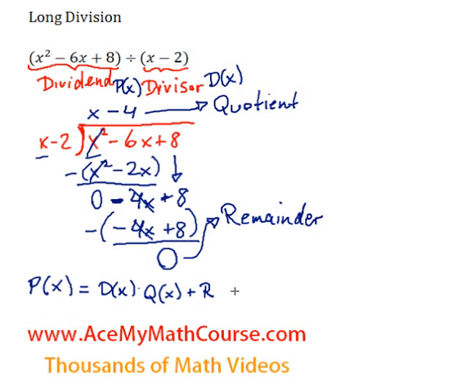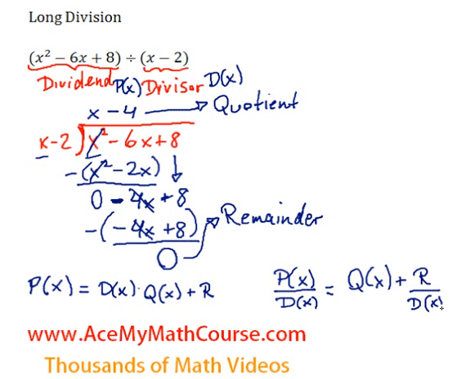Another way of showing the division statement would be to say p of x divided by d of x. So in other words, the dividend over the divisor will be equal to the quotient plus the remainder divided by the divisor. So these show the same thing essentially.